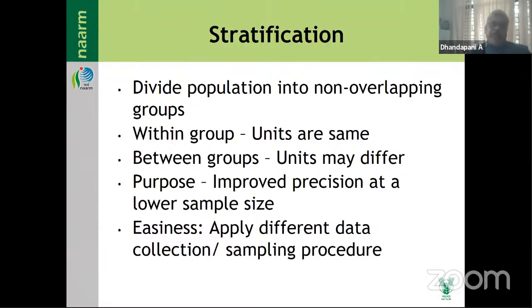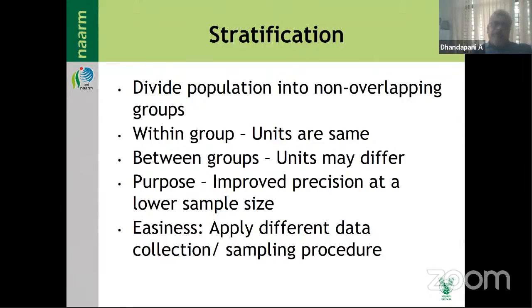So how do we achieve this? One way is to go for what is called stratification. If you consider the population as a whole, there will be huge variation, and to capture this variability you need a large sample. Without that, your variance will not reduce.